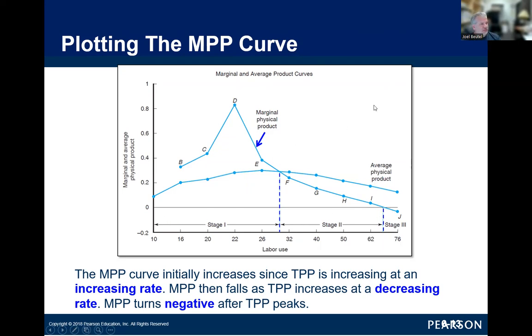Remember, our total product was at its peak at I. So somewhere right here, we're right around the peak, and then we start declining again on that total physical product curve. So marginal physical product curves, not always, but almost always increase initially, and then they decrease because of the diminishing marginal productivity.